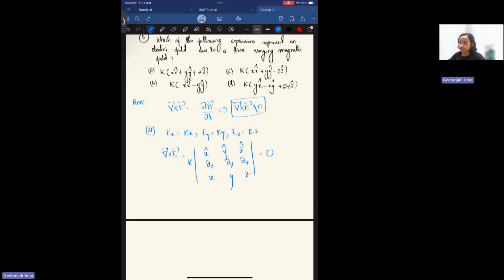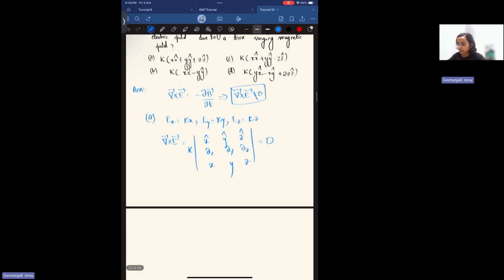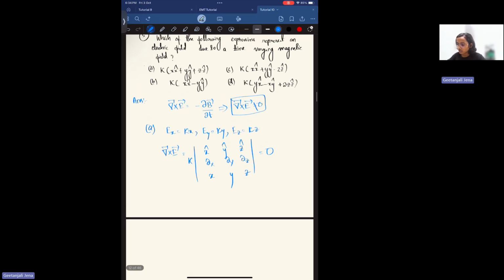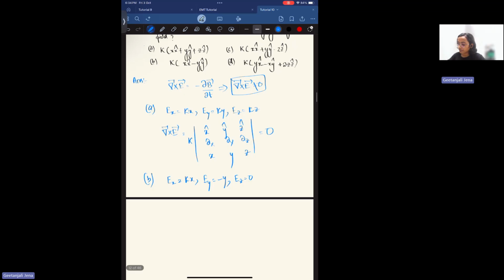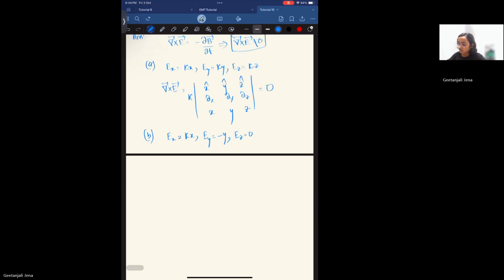So that means it's a case for electrostatics. The magnetic field is not changing with respect to time. For the B part, we have Ex is x, Ey is minus y, Ez is zero. So curl of E is also zero.